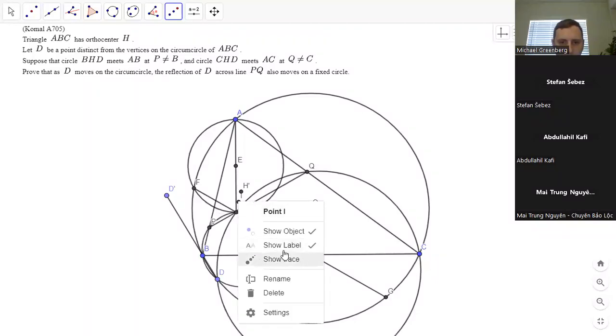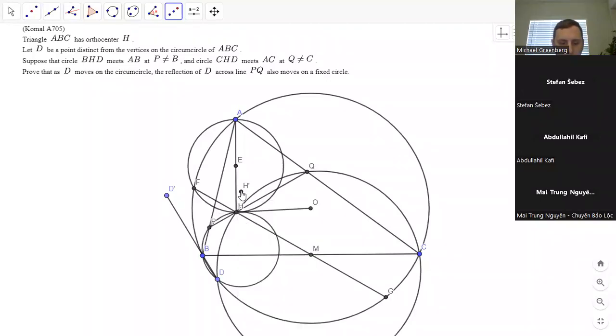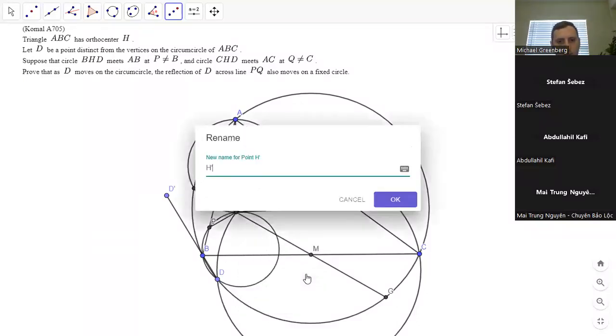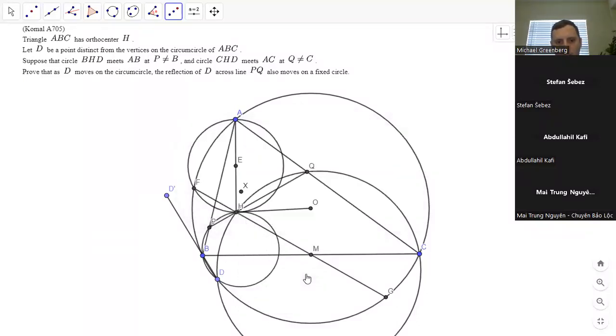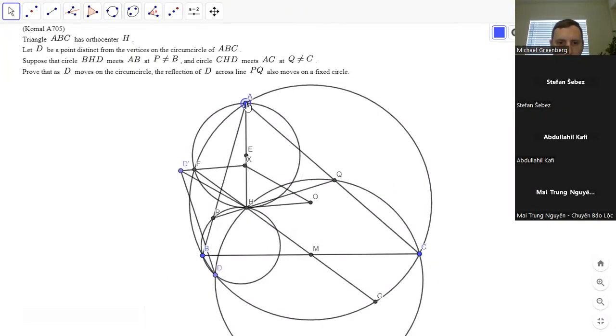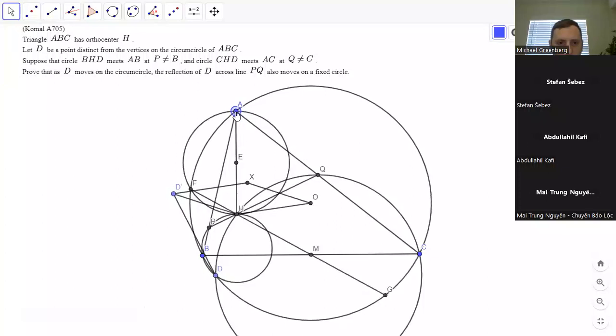And we can hide this. And we can call this X. All right. So we have OHD prime X. Is that right? That should be. Yeah, that's a parallelogram.